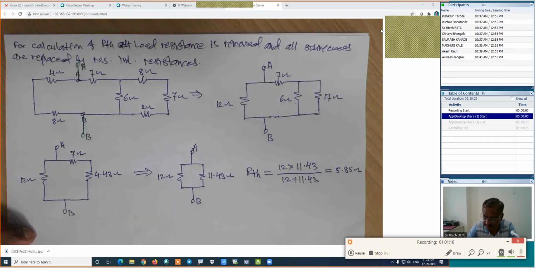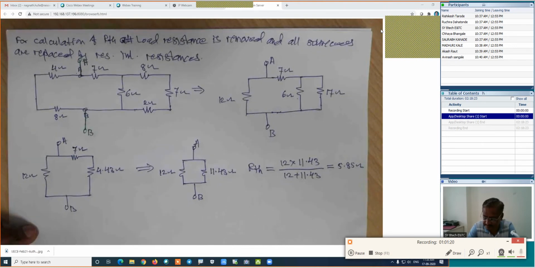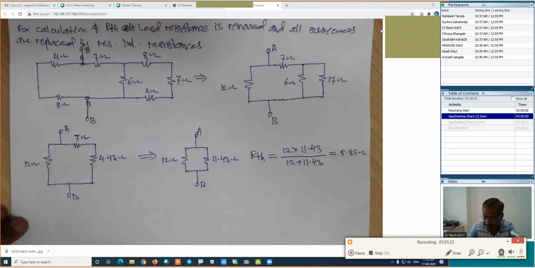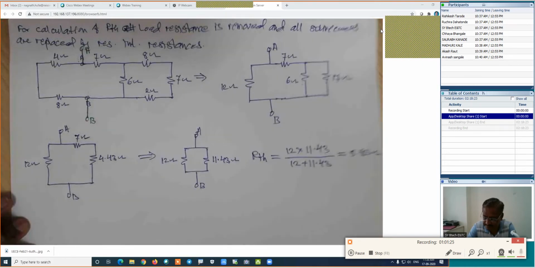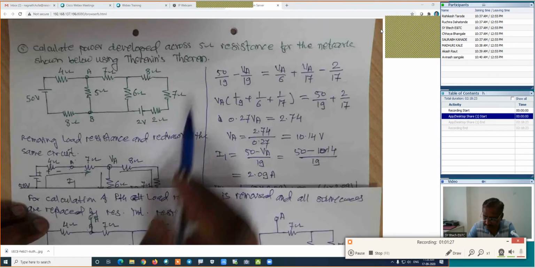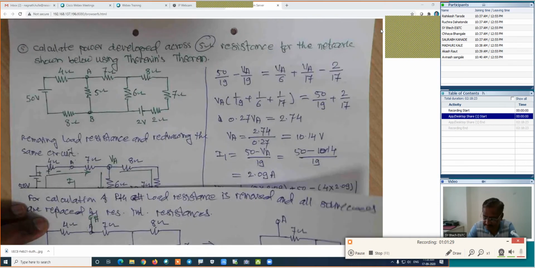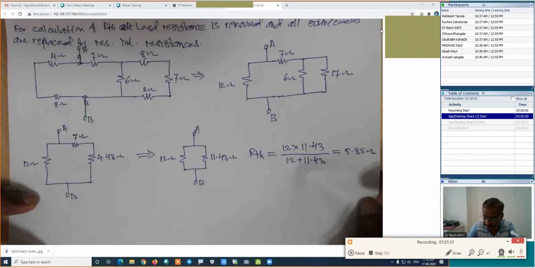Now, if we know the VTH and RTH, then the complicated network will be replaced by the Thevenin equivalent network, and we can calculate the current and the power which is asked in this case. What is asked? Power across 5 ohm. We have to calculate the power. I will complete this first step.